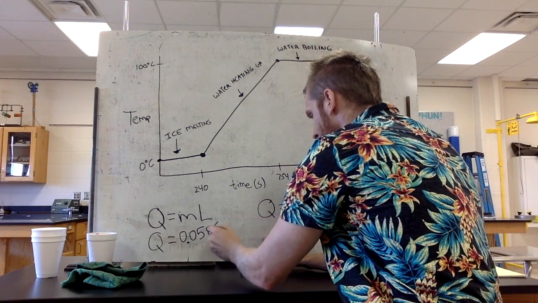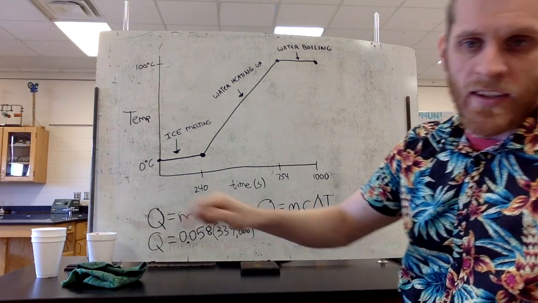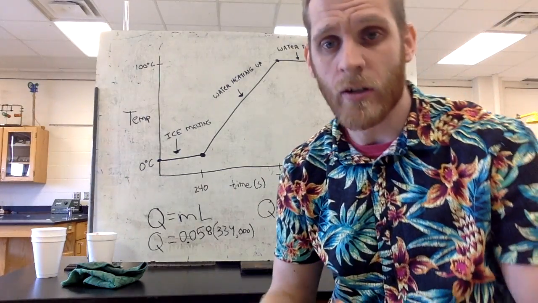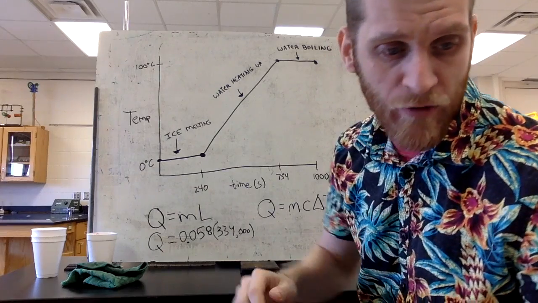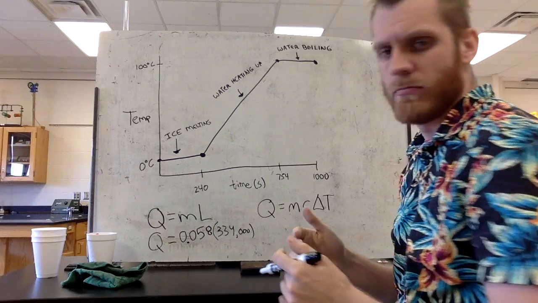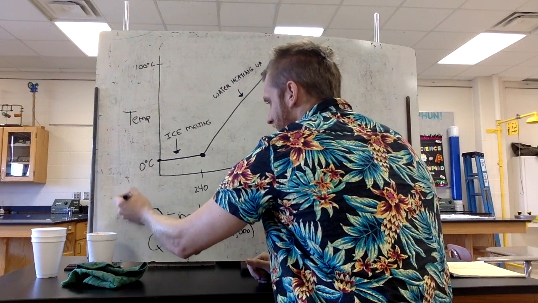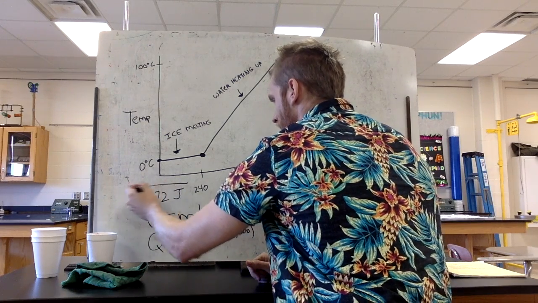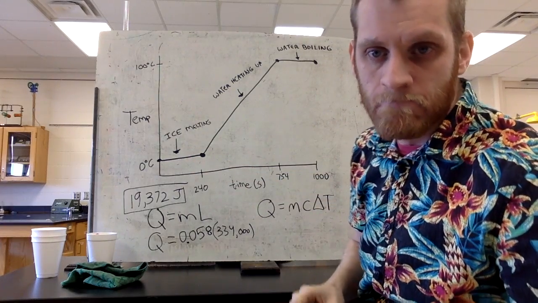So 334,000 joules per kilogram. Simply multiply those together, we can get our latent heat of fusion for ice. When I do that, I get a value of 19,372 joules. Right. So this is 19,372 joules of energy to take that ice and melt it to water.